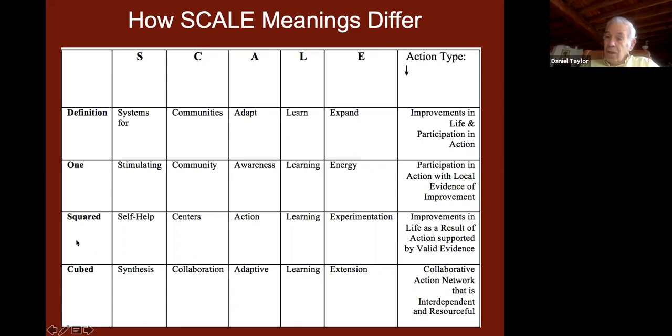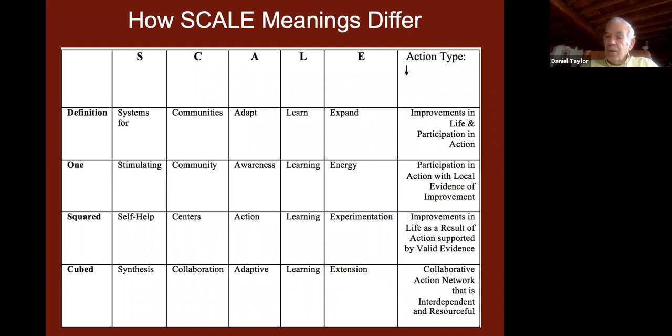And now when you get to scale squared, you're creating a self-help center or a chapter of people. It doesn't have to be a building, but it's where self-help, you're no longer doing it. People are doing it. And action learning and experimentation is happening so that there's an improvement in the quality of life that's growing.